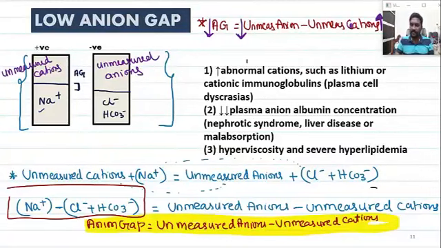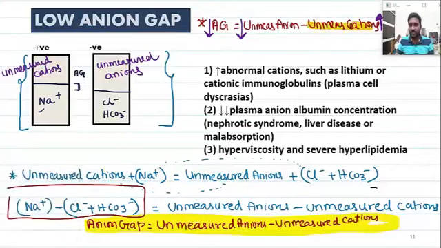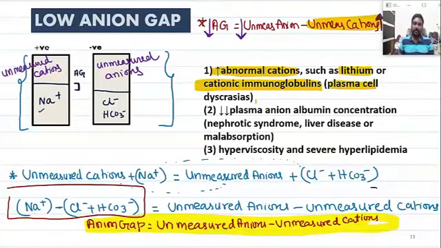So let us start with the causes of increase in unmeasured cations. There can be an increase in abnormal cations such as lithium. Whenever there is lithium toxicity, or because of some plasma cell disorders, there will be positive immunoglobulins circulating, so cationic immunoglobulins.